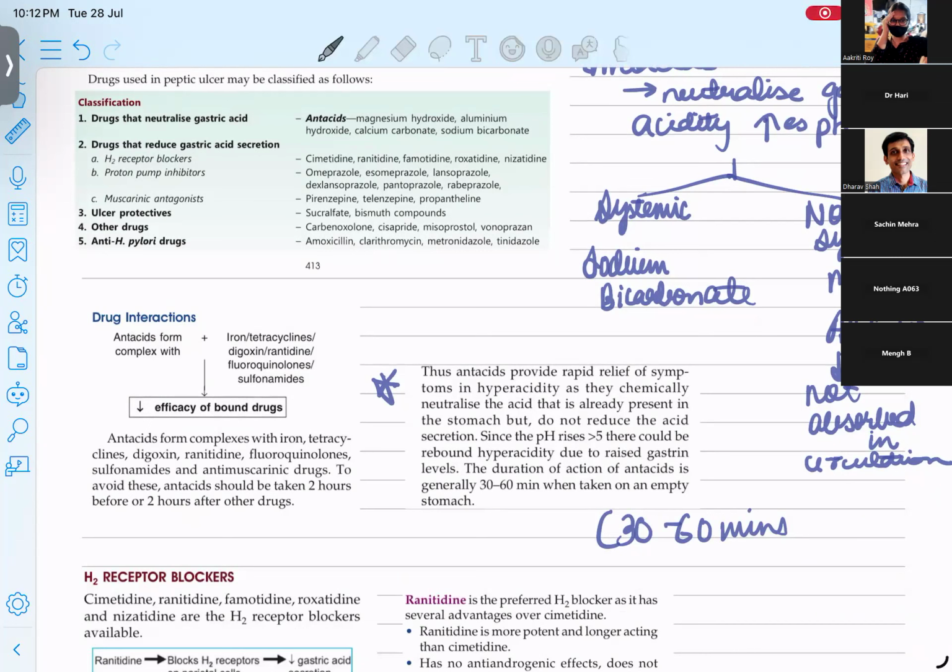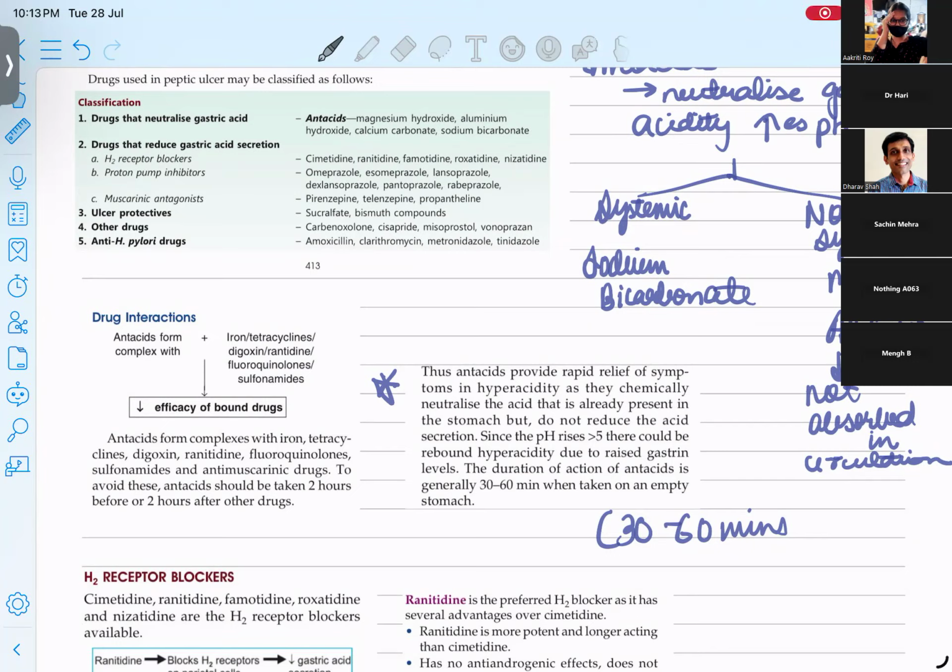But they are not used for a very long time for ulcer healing and reducing the acid secretion. It only increases the pH, and there also could be rebound hyperacidity due to raised gastrin levels. So the duration of action of antacids is generally 30 to 60 minutes when taken on empty stomach.